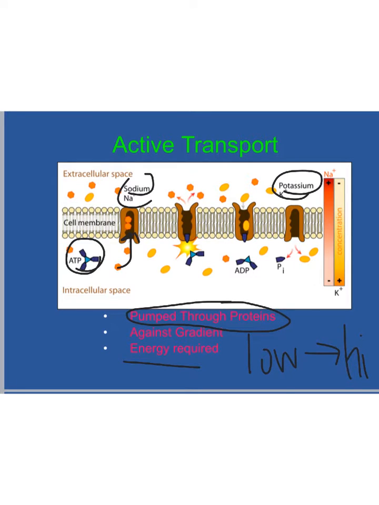They enter the pump, we break down some ATP, and then the molecules exit the pump on the other side. So this is movement of molecules from an area of low concentration to an area of high concentration. We'll talk about when that would be important a little bit later on.